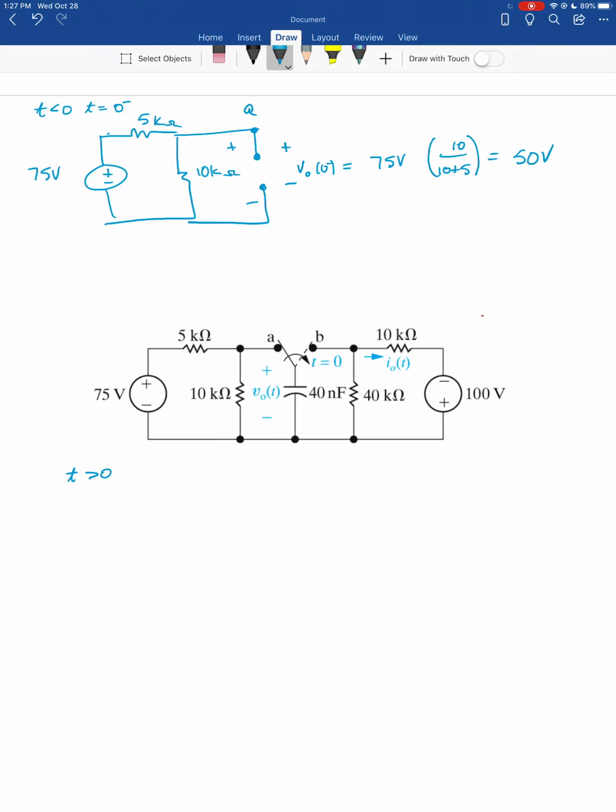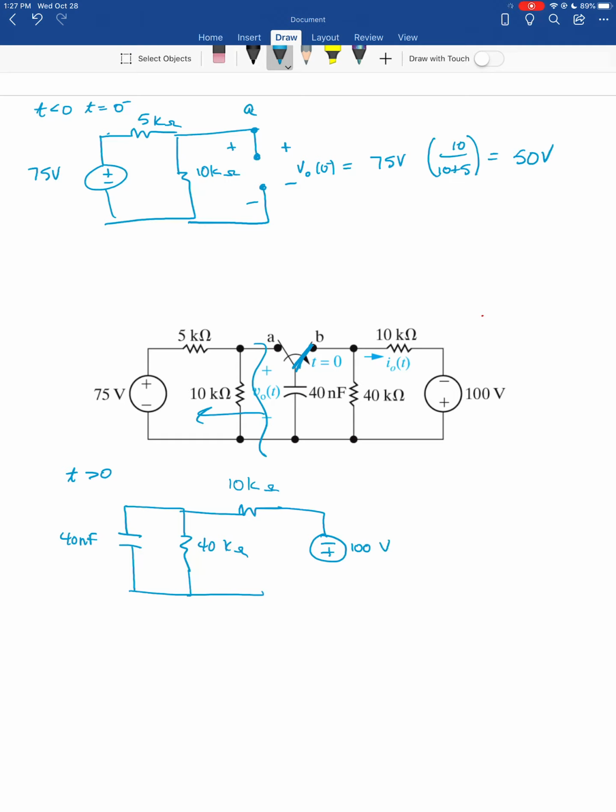Let's move the switch, because we always evaluate tau for t greater than 0. When the switch connects to B, the left-hand part of the circuit is out of the circuit. So we have a 40 nanofarad capacitor, 40 kilo ohms, 10 kilo ohms, and this DC voltage source.